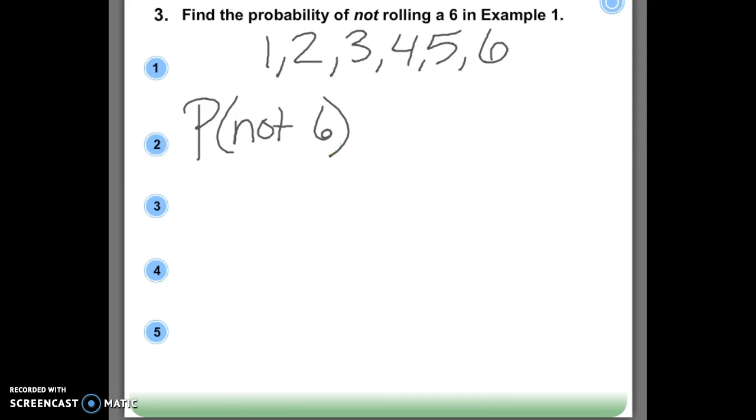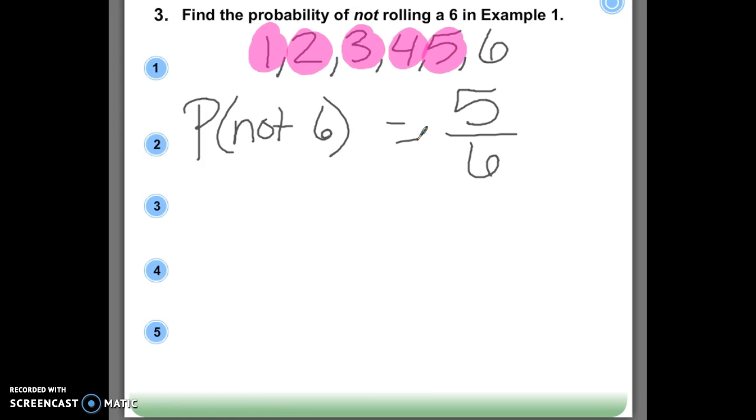So the options that I have for not rolling a 6 are 1, 2, 3, 4, and 5, because those are all outcomes that are not 6. So my favorable this time, I have 5 options that are not 6, but I still have 6 total possible outcomes. So my probability is 5/6.